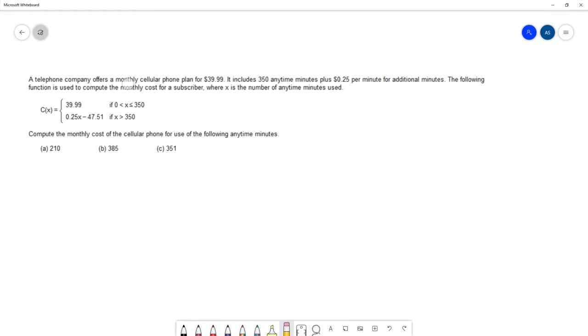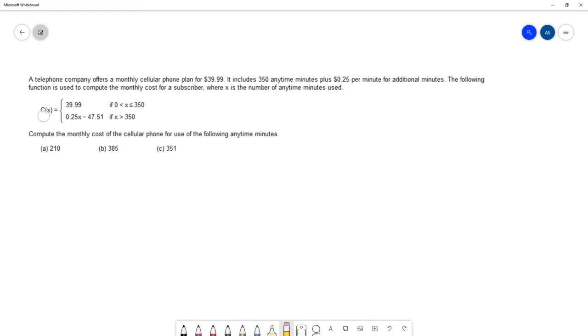A telephone company offers a monthly cellular phone plan for $39.99. It includes 350 anytime minutes plus 25 cents per minute for additional minutes. The following function is used to compute the monthly cost for a subscriber, where x is the number of anytime minutes used.